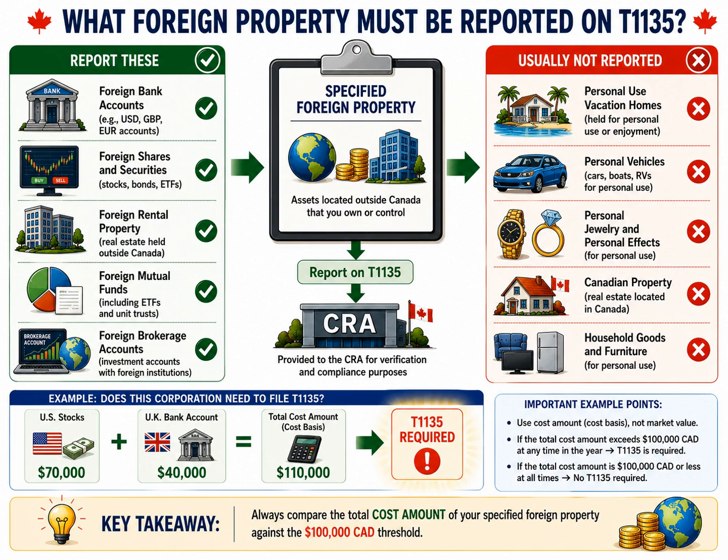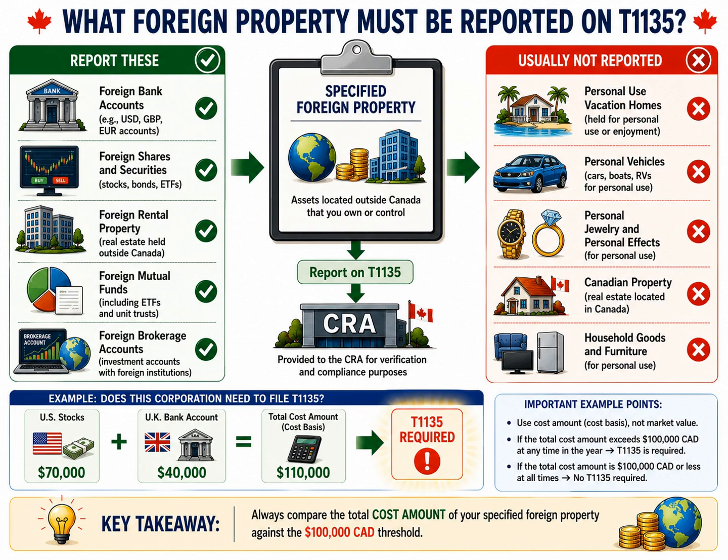These assets are generally outside the scope of the specified foreign property reporting rules. The clipboard in the center summarizes the overall idea. If an asset qualifies as specified foreign property, information about that asset is reported on Form T1135 and submitted to the Canada Revenue Agency.